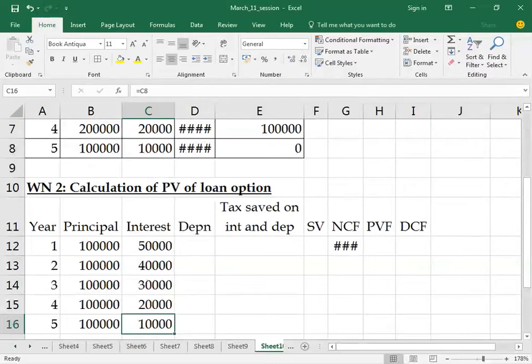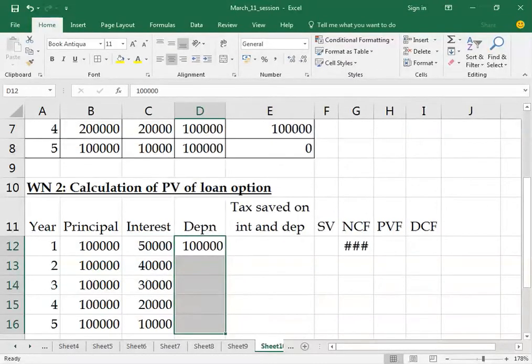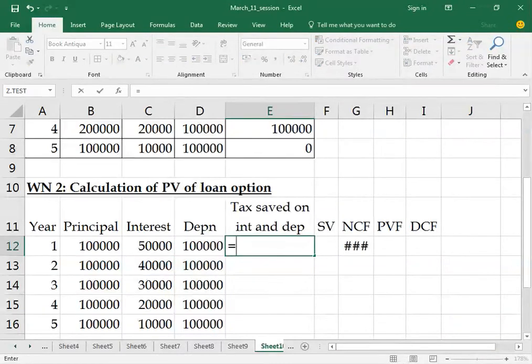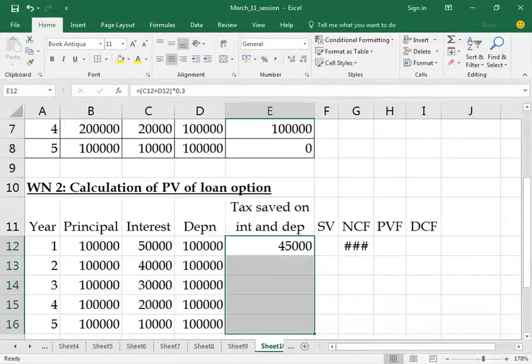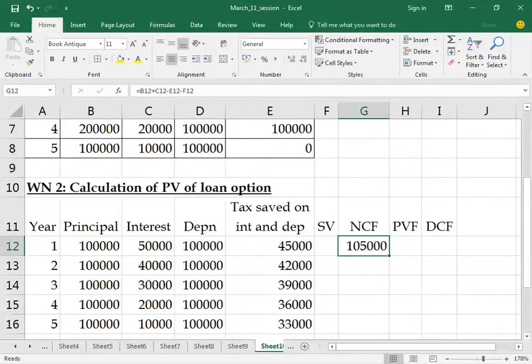The machine will be fully depreciated, so it's 5 lakh by 5. The machine will get fully depreciated.